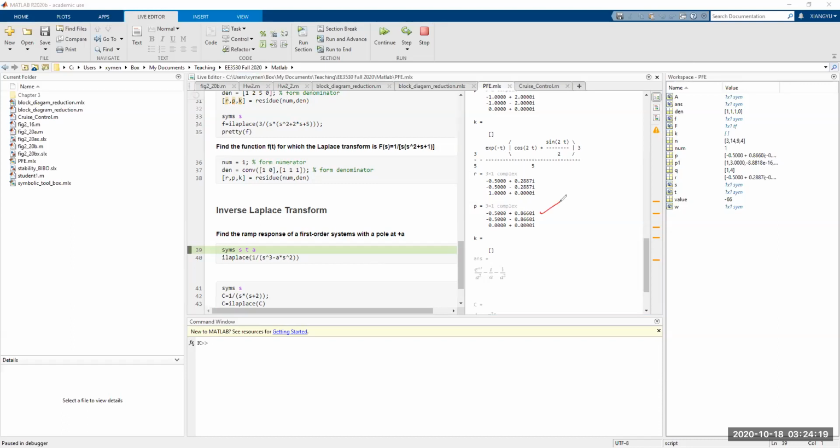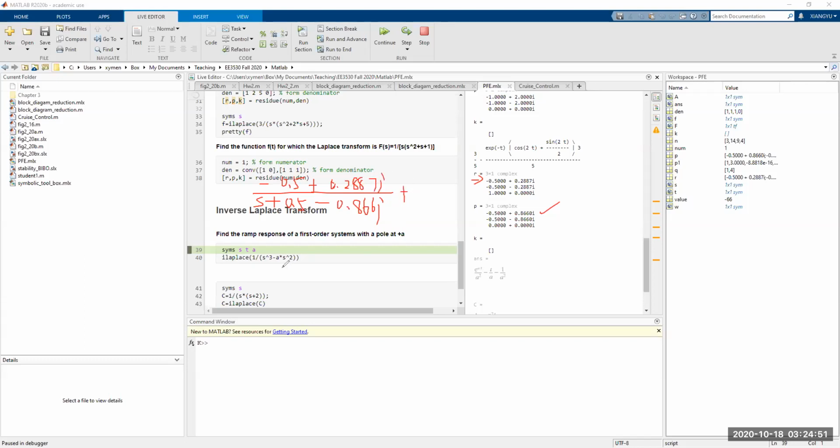For the first one, we have s plus 0.5 minus 0.866j, and the coefficient is minus 0.5 plus 0.2887j.